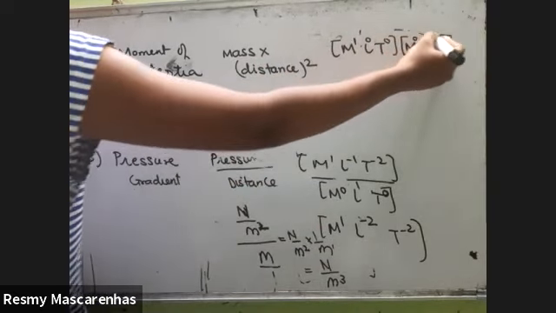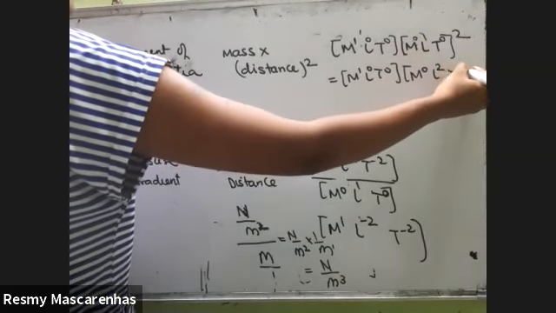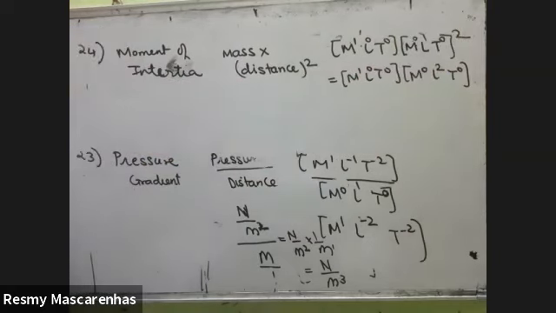First, don't add and then square. This power belongs only to the second dimension. So first square; don't add like this and then take the whole square. This is separate. First solve this. 0 into 2 will give me 0. Then 1 into 2 will give me 2. And 0 into 2 will give me 0. You have to multiply basically.